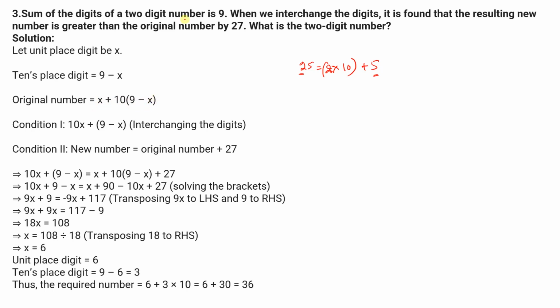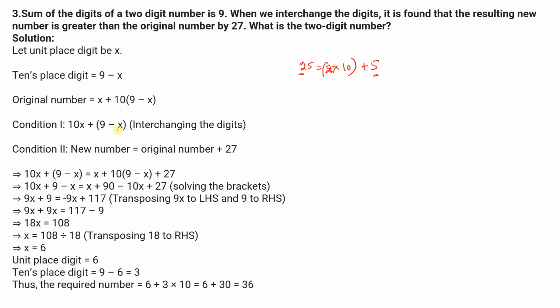Now, if we interchange the digits, we have considered the units place as x and the tens place as 9 minus x. Now let us interchange. So in place of the tens digit, let it be 10x, and in place of the units place, let it be 9 minus x.